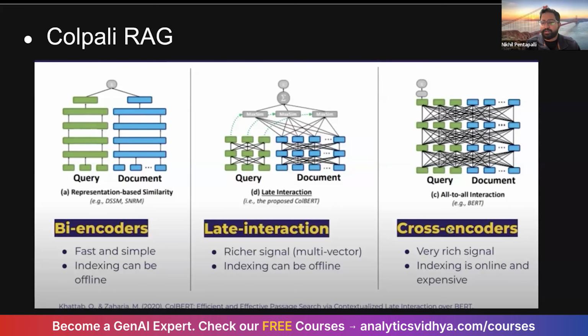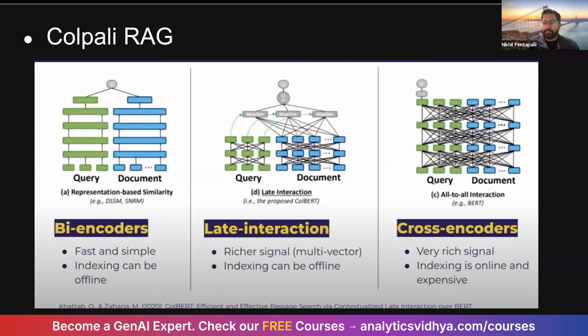Whereas in cross encoders, you take the query and compare each token with all the tokens in the document. This happens at runtime, so it is expensive.